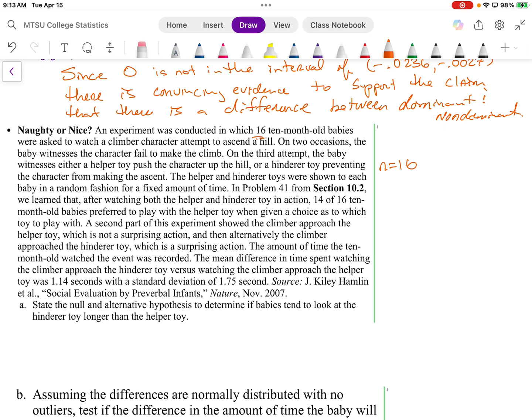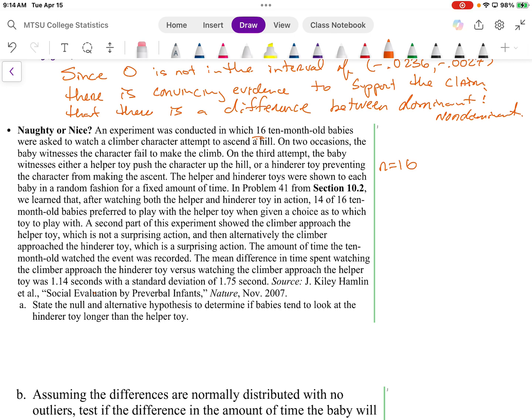And then alternately, the climber approached the hinder toy, which was the surprising action. The amount of time that the 10-month-old watched the event was recorded. The mean difference in time spent watching the climber approach the hinder toy versus the climber approach the helper toy was 1.15 seconds with a standard deviation of 1.5.